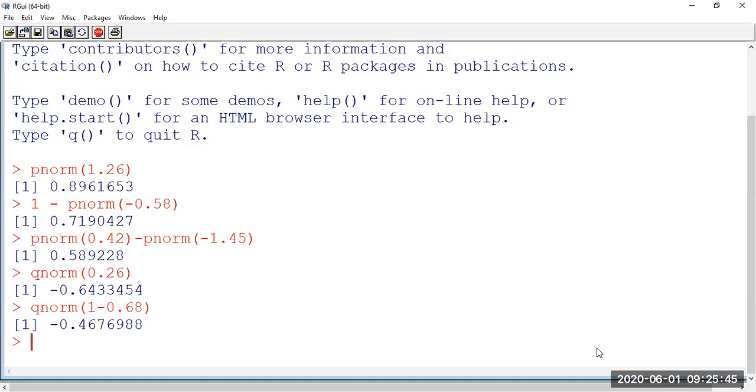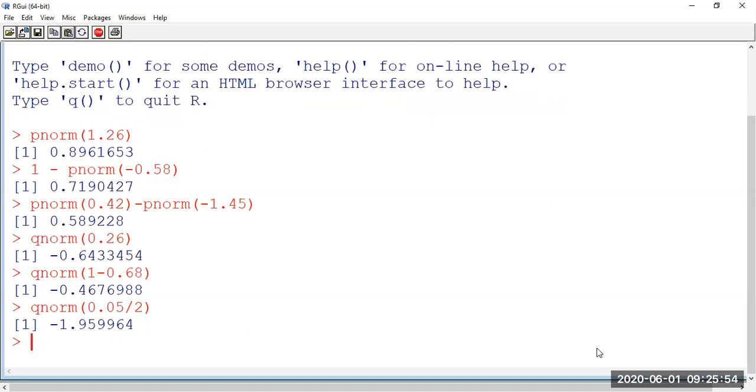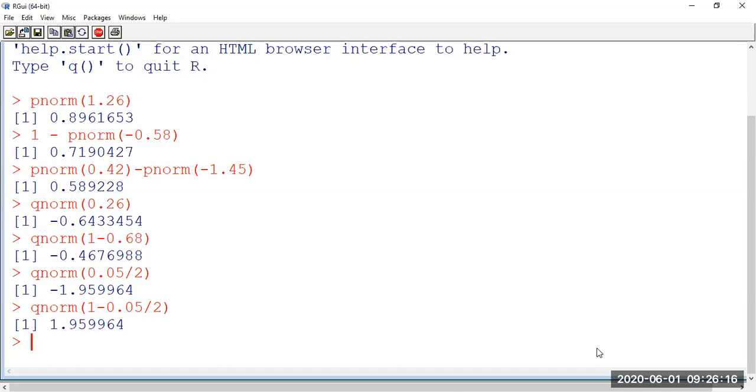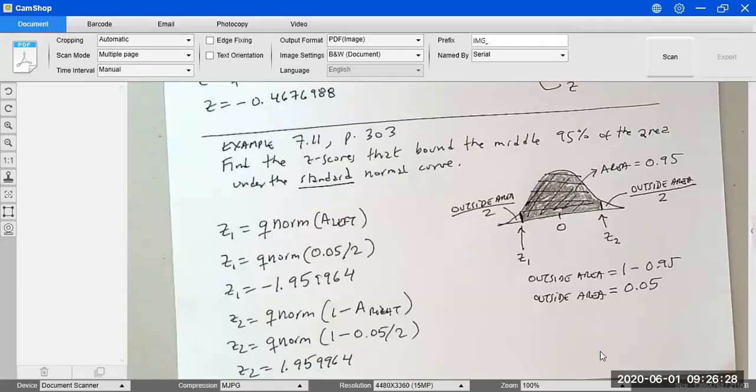So I have a Q norm of 0.05 over 2, and this is negative 1.959964, and then the other one is going to be Q norm of 1 minus 0.05 over 2, and that is 1.959964. So let me show you the computations.